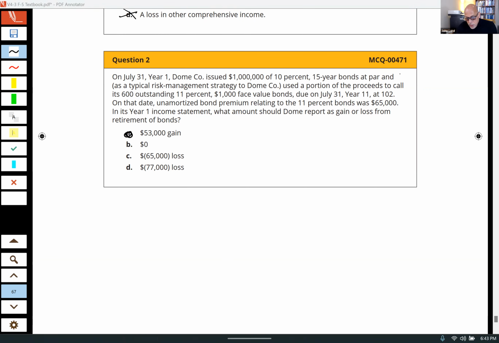We have these bonds that they've issued. It's 600 bonds at 1,000, and they're going to use some of these proceeds to call the bonds. So they have the 600 bonds, and they're $1,000 each. So the face on these bonds is 600,000.